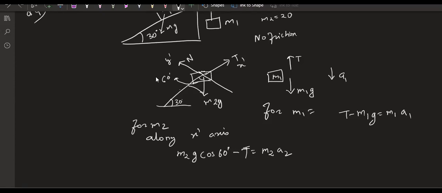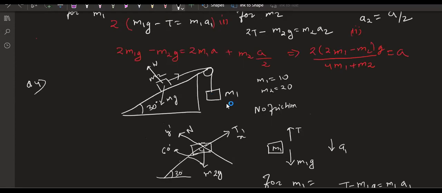Now tell me, if this M1 will go up by x distance, how much distance it will cover along this direction? Same x, because the length of wire is x only. Yes, very good everyone. So now you are getting the concept.